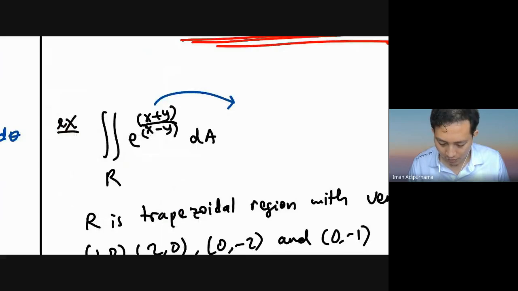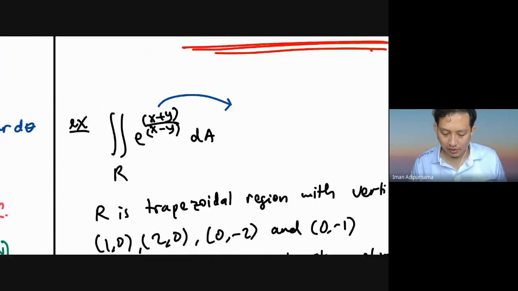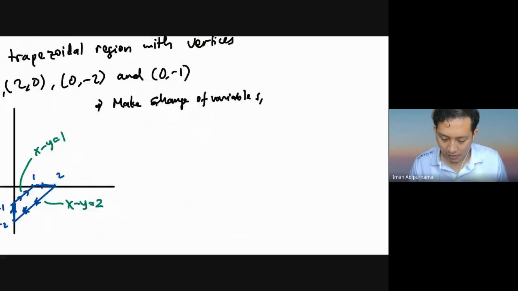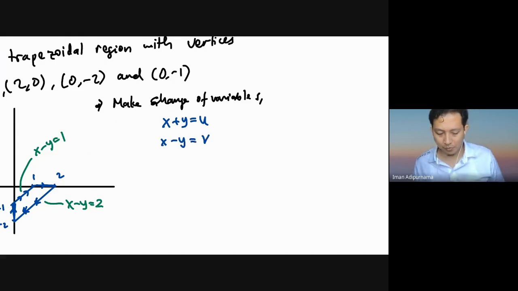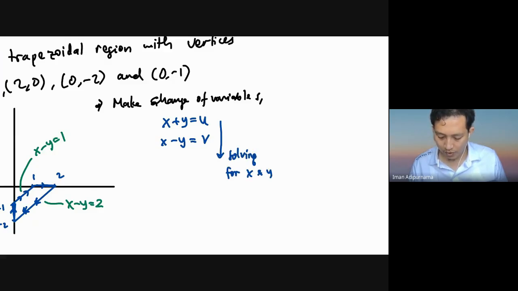We have x plus y and x minus y. So let's imagine the x plus y. Let this equal u and let this equal v. Okay. And then now solving these two for x and y, right?